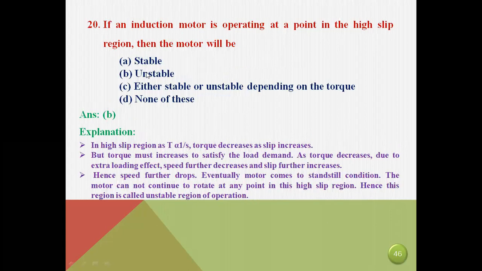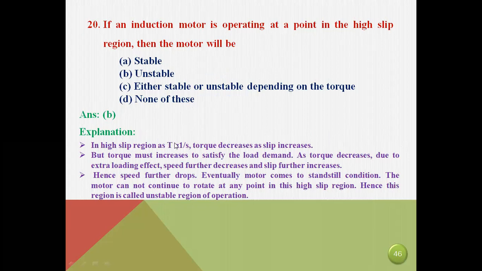So you are supposed to write unstable, because if the induction motor is operating at a point in the high slip region, the motor will be unstable. And if it is operating in the low slip region, you write stable.